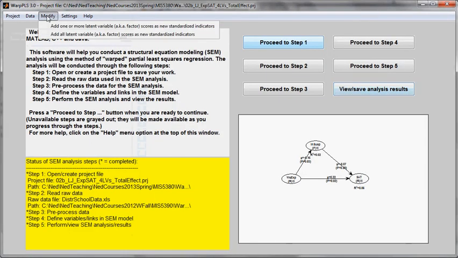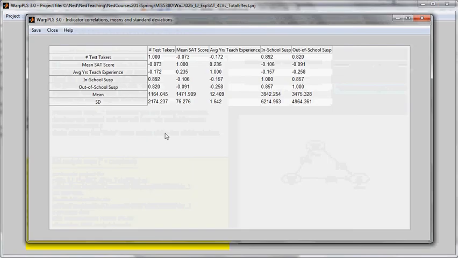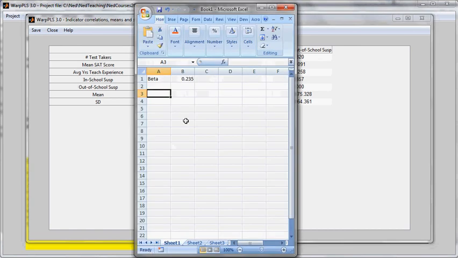So I'm going to go to data and to this first table here, and here I have for average years of teacher experience, the mean and standard deviation. So I'm going to copy these values into the spreadsheet.